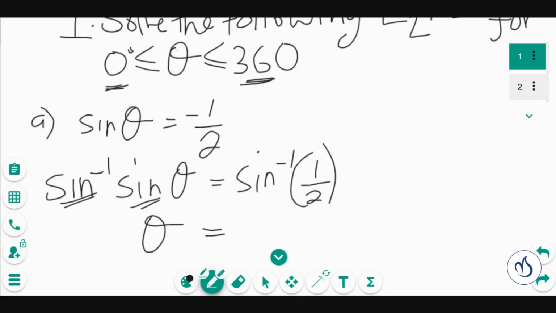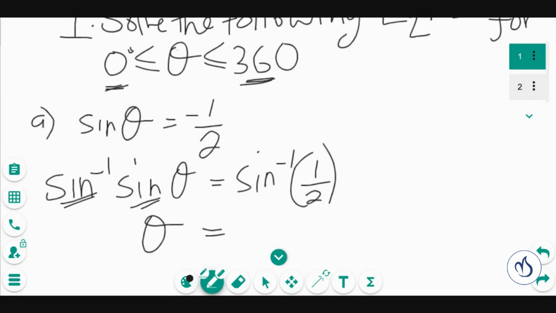To press sine inverse on a calculator, you press shift sine, and then you open brackets. You can write 0.5 or you write 1/2 and you close brackets. I prefer you use brackets when you're entering fractions, just to avoid errors.